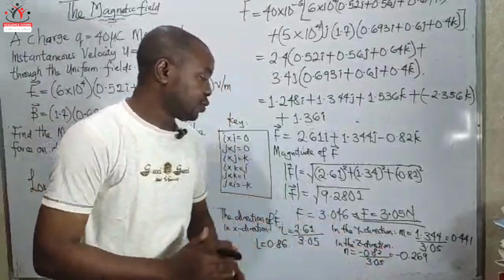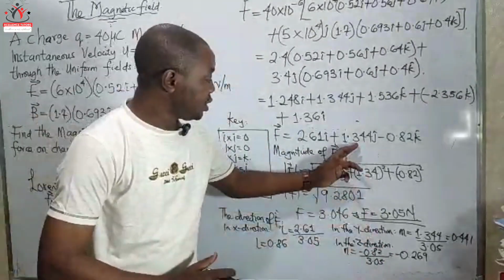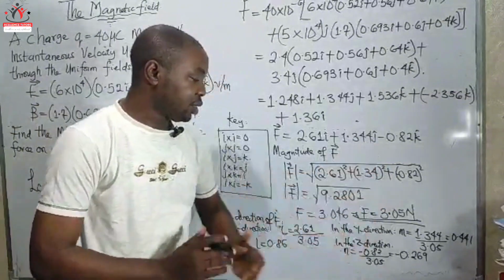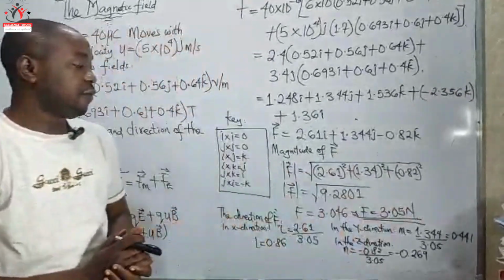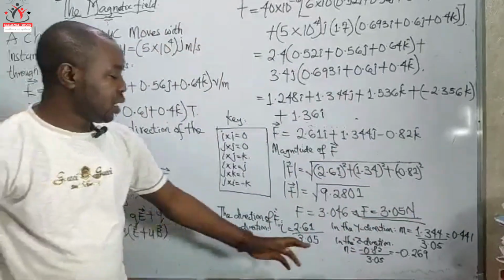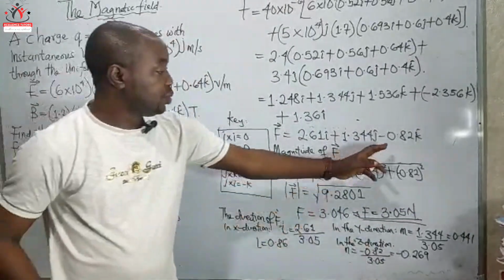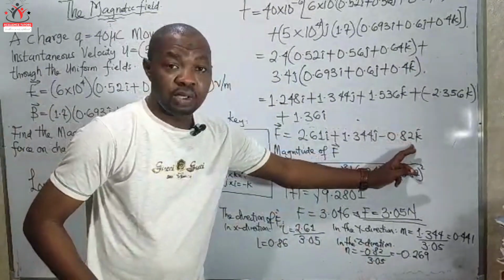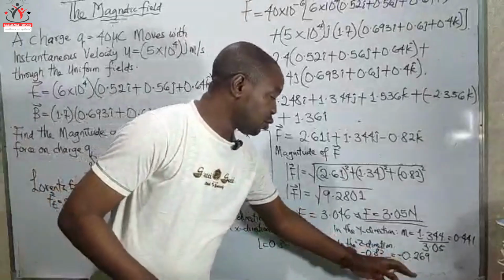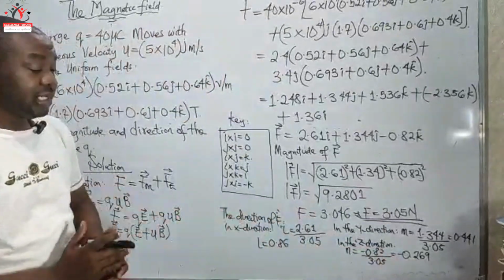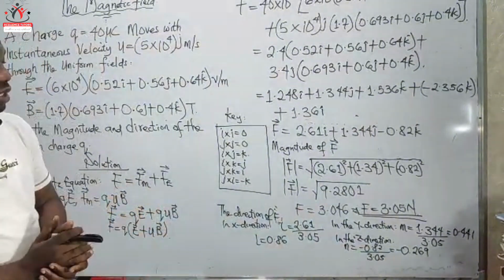Then in the y direction, I represent that using letter N, and we have 1.344 divided by 3.05, and that will be 0.441. Now in the z direction, we have this value negative 0.82 divided by 3.05, and that will be negative 0.269, and that is the direction of F.